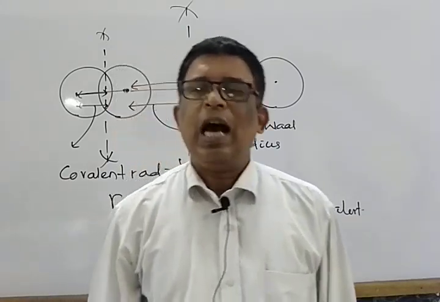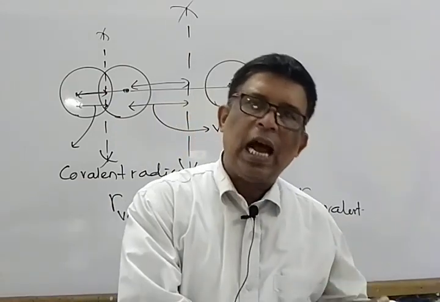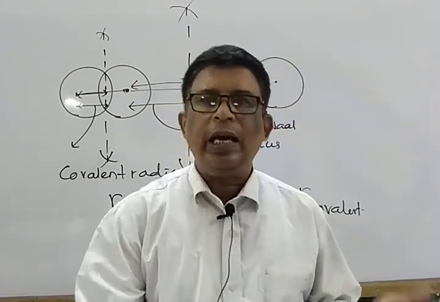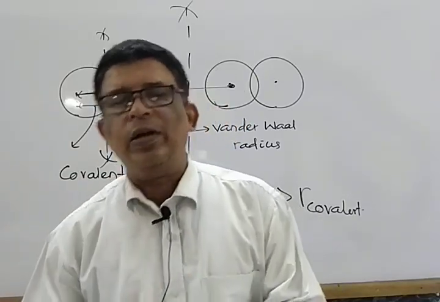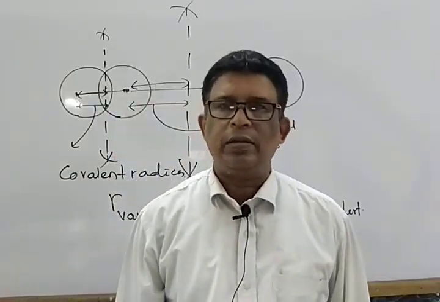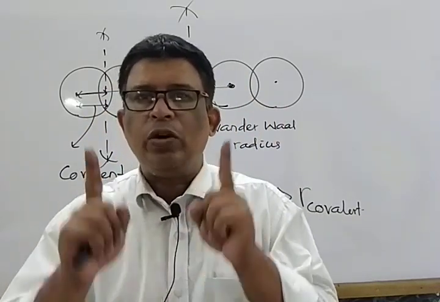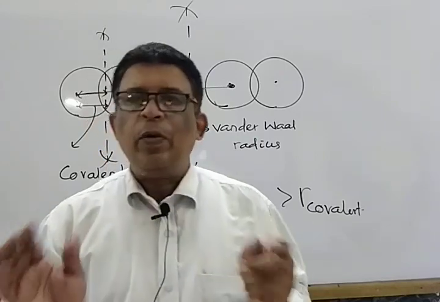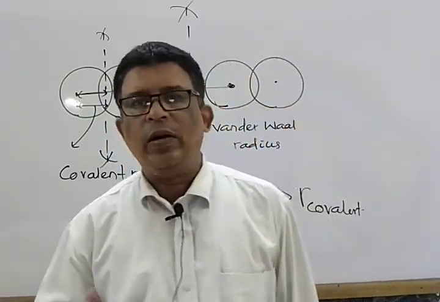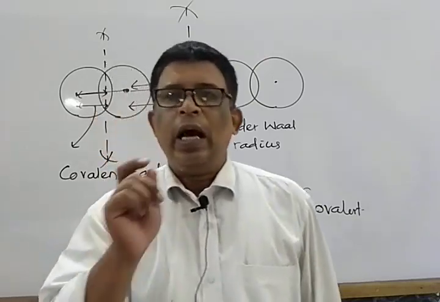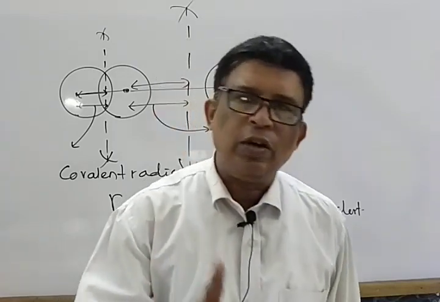Next, switch over to another term, that is ionic radii. Like atomic radii, it has a similar definition. The radius of an ion is known as ionic radii. It may be a cation or an anion. The important point to be remembered is that if we compare the radii of a neutral atom with its ion, then we observe that anionic radii are always greater than the atomic radii.